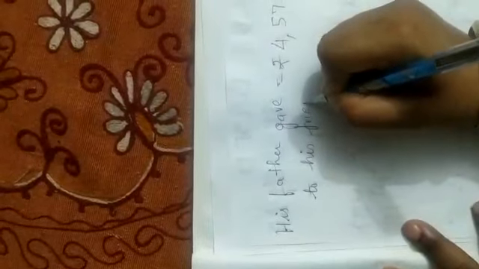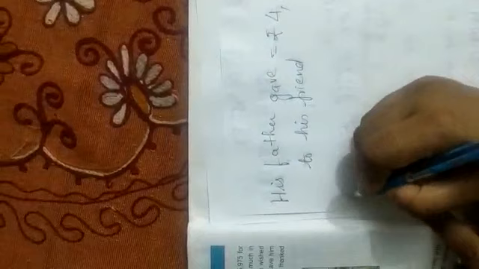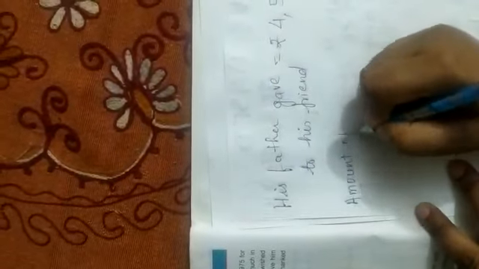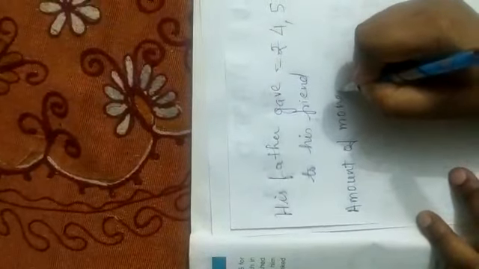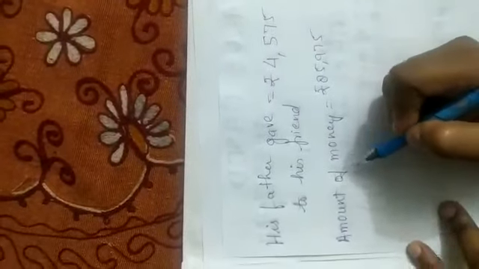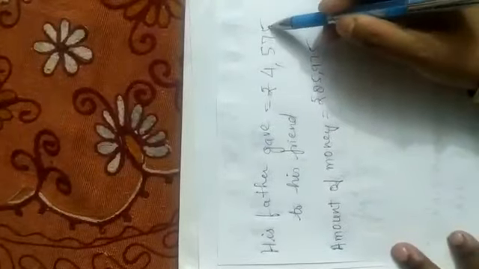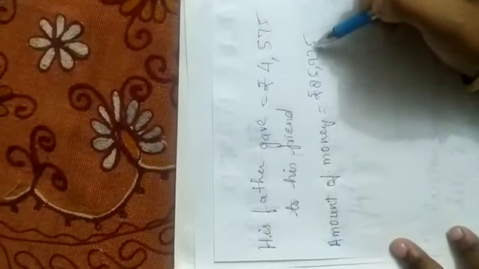Rupees 4,575 to his friend, and he withdrew how much money? The amount of money withdrawn is 85,975. So his father had given the amount 4,575 from 85,975.